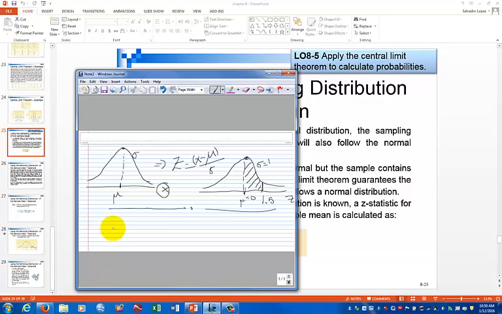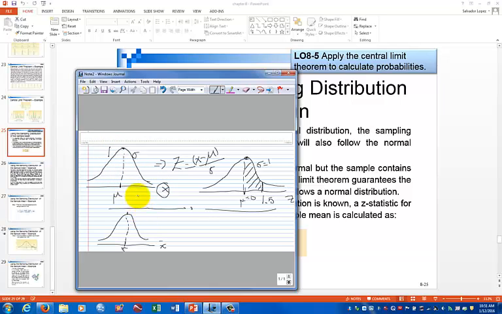Now we have the distribution of sample means, which can be normally distributed under two conditions. One is the population variable is normally distributed.